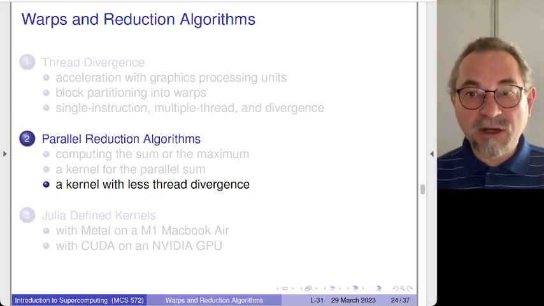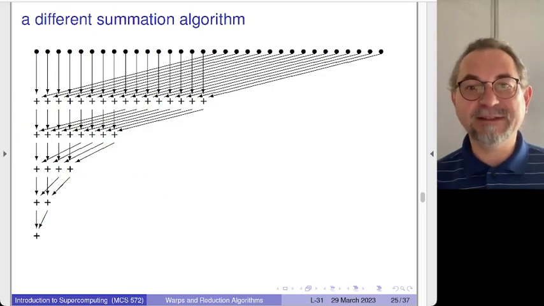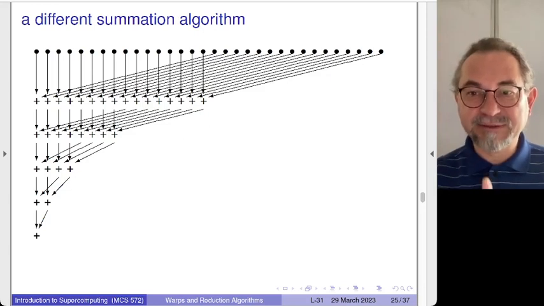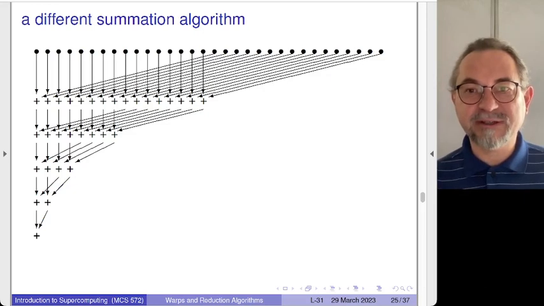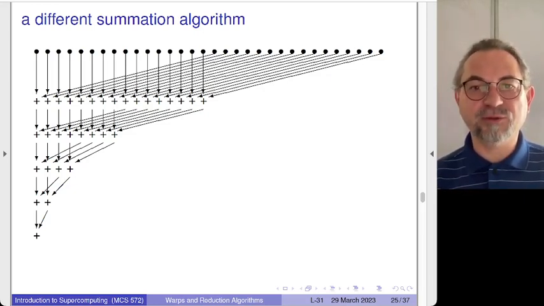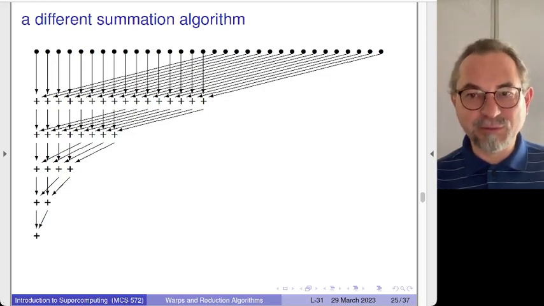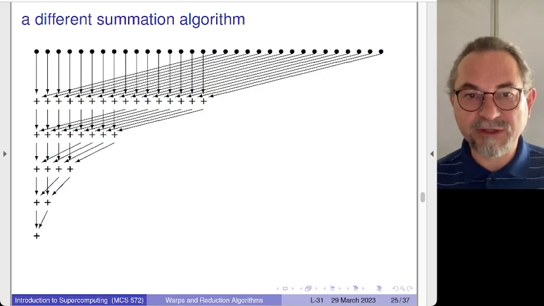Okay, so how do we now organize it so that you have less thread divergence? And in some sense, it's a very straightforward idea. Instead of starting with stride equal 1, you start with stride equal the dimension divided by 2. Here I'm limited with what I can show on a slide, but imagine now that we would have blocks of threads of size 4.